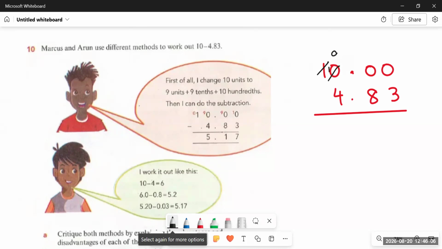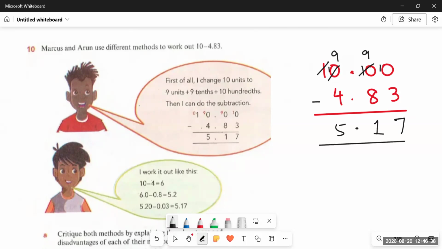Now cutting it down, borrowing 1 from this number for the number beside it, and then again repeating the same process until the last 0 gets 1 here, and we don't need to give it to another digit, so it remains 10 here. Now we'll subtract it, so 10 minus 3 becomes 7, then 9 minus 8 is 1, then 9 minus 4 is 5, and here's how it's done.